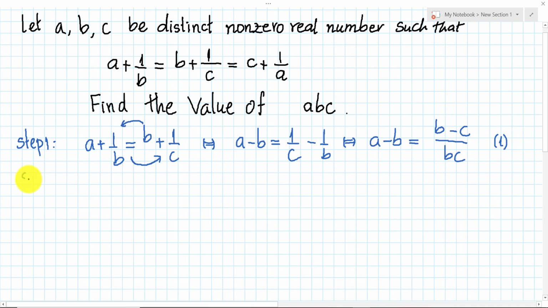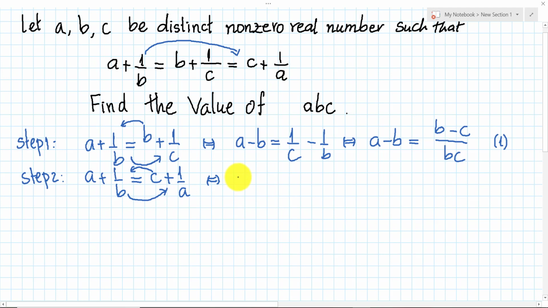And then step 2. Step 2, I choose this part with this part: A plus 1 over B equals C plus 1 over A. And then I move C to the left side and 1 over B to the right side.